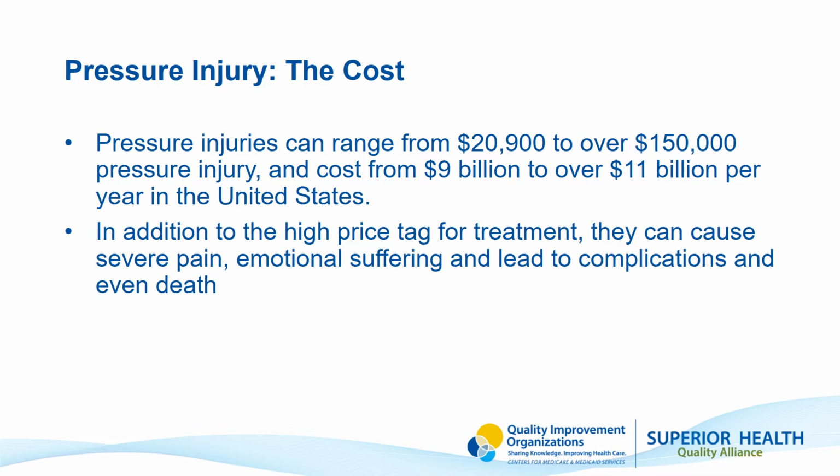Pressure injuries also have a significant impact on the lives of those with pressure injuries and their families. In addition to the high price tag for treatment, pressure injuries can cause severe pain, emotional suffering, and can increase the risk of death due to conditions such as cellulitis, an infection of the skin and connected soft tissues, bone and joint infections, causing damage to cartilage and tissue that can reduce the function of a joint or limb.